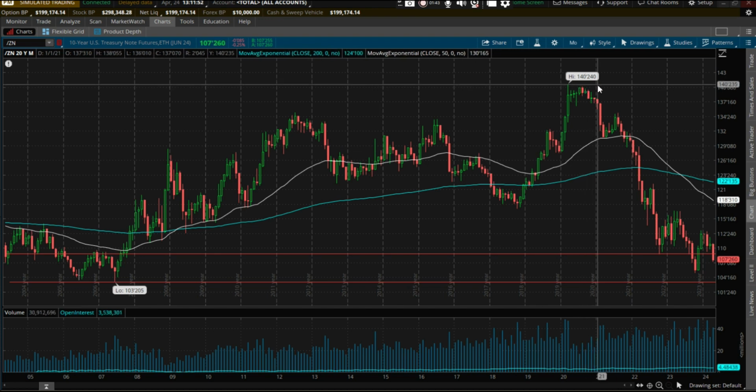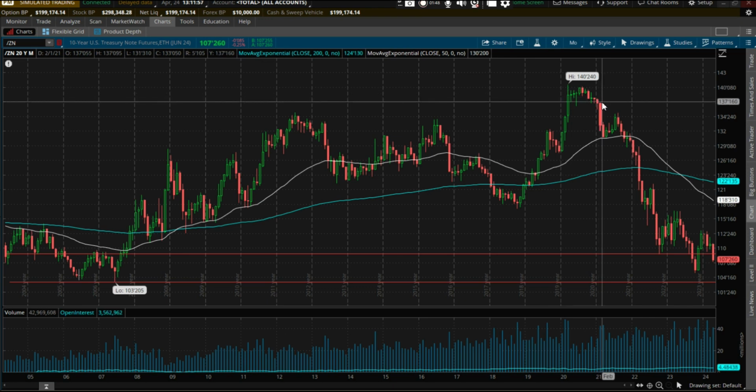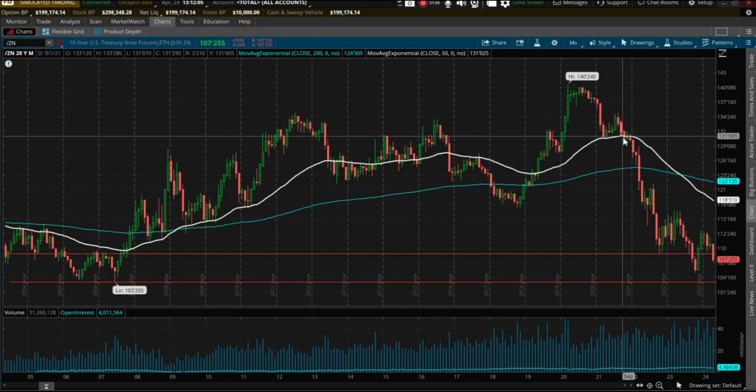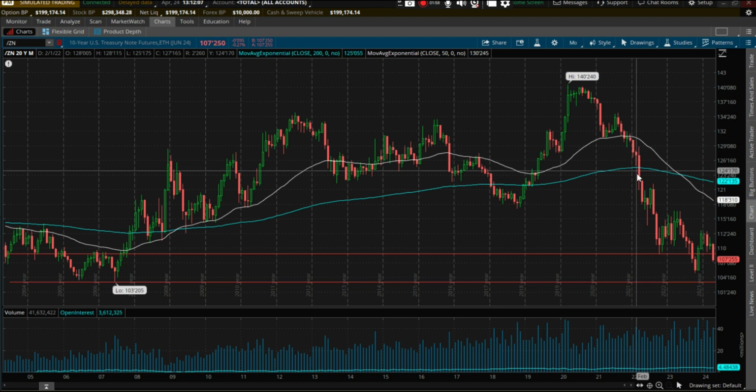And there was a lot of government spending, a lot of money out there. And so the government said, hey, maybe we need to raise rates to stop inflation. So they raised rates quickly, and so the prices just dramatically fell. And the 10-year note was all the way down here, this 109.